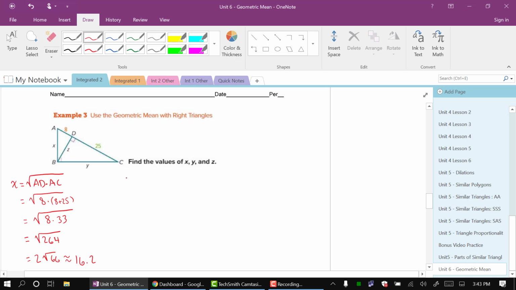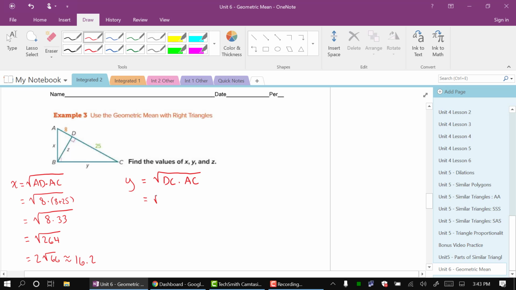Now let's take a look at our y value. So our y value is down here at the bottom. So our y is the leg BC. Y is our geometric mean of DC, measuring the segments of BC and AC. So this is going to give me y equals the square root of DC times AC. So DC is 25.